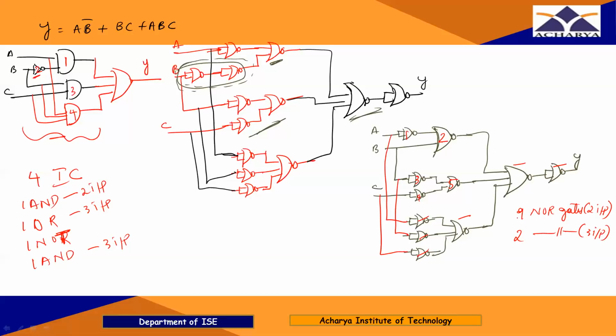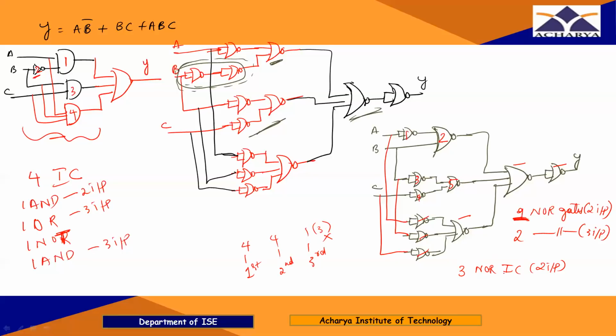So here to get this 9 gates I need 3 NOR ICs of 2 inputs, because since it is 9, I will connect 4 gates of first IC, 4 gates of second IC, and only 1 gate in third IC, and remaining 3 will not be used from the third IC.